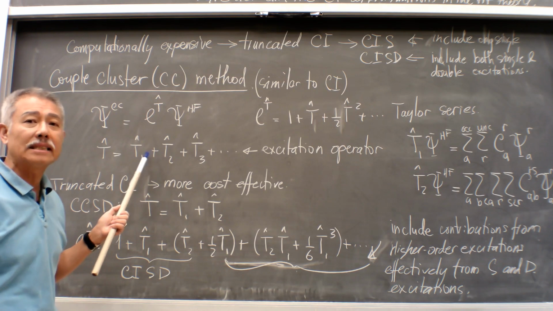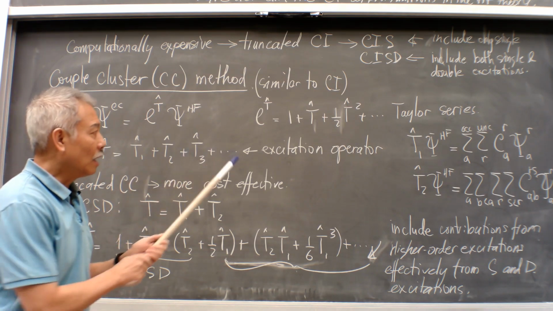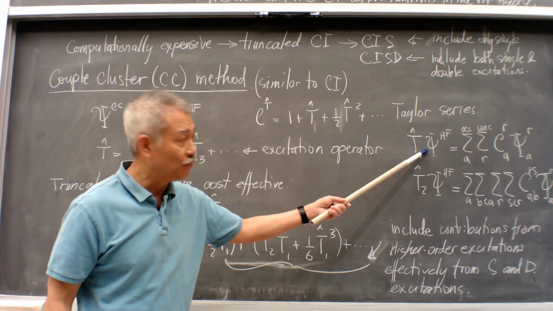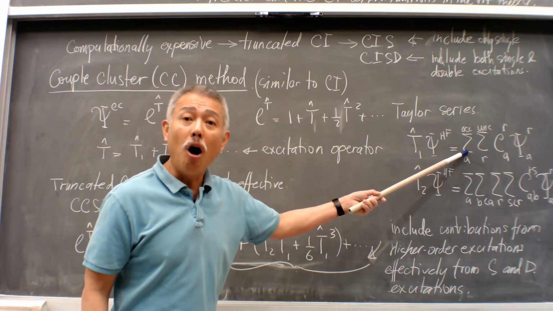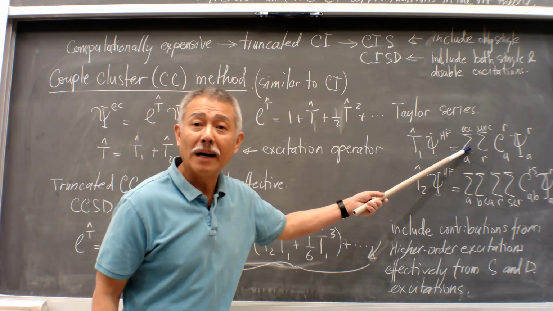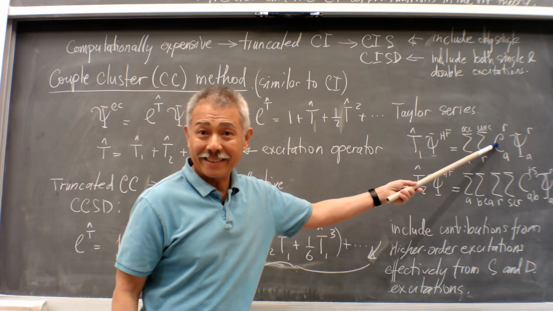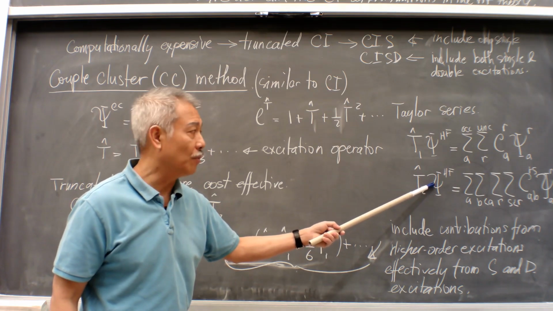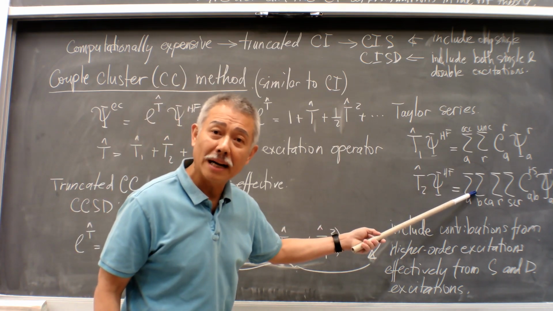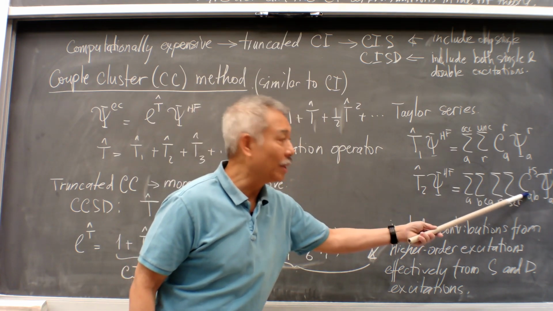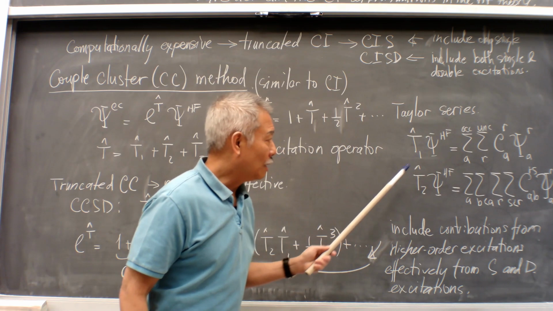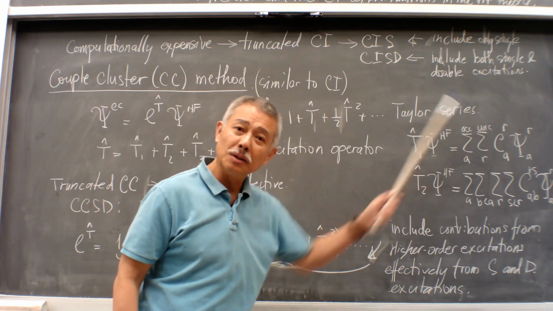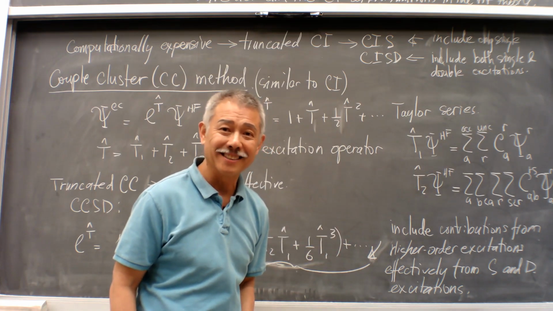They are just different types of excitations. It is an excitation operator. For example, T1 operating on the Hartree-Fock wave function generates all possible single excitations with their weighted contributions. T2 operating on the Hartree-Fock wave function generates all double excitations with their weighted contributions.